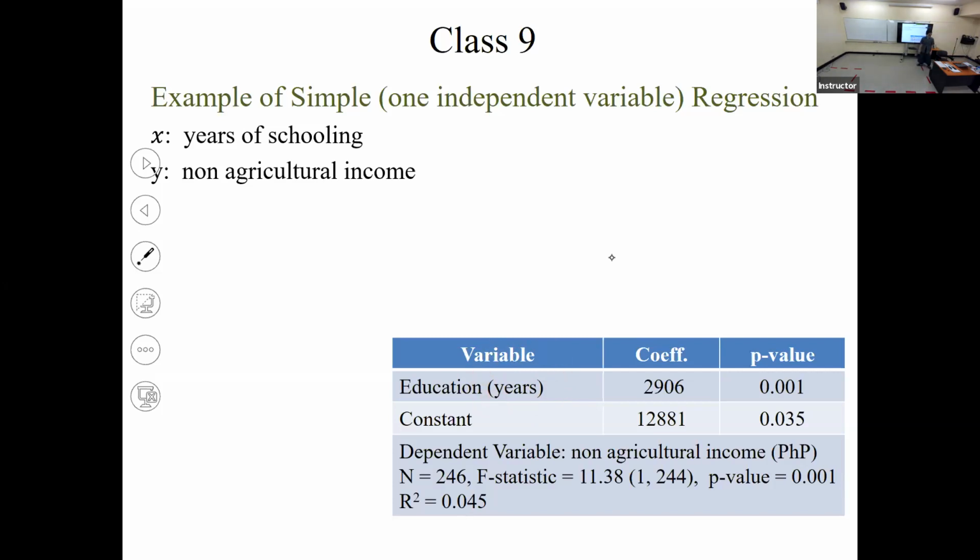It measures the number of years, which is preferred over ordinal. And then for the intercept, you just write constant. You can also write intercept, that is also fine, but constant is more common. You put the constant at the bottom of the variable section.